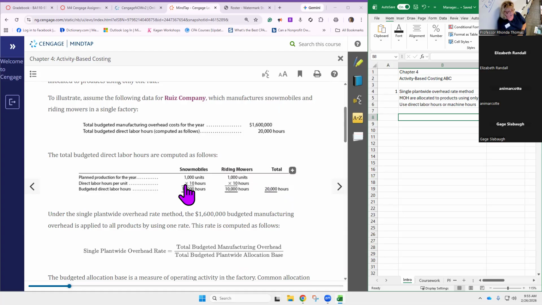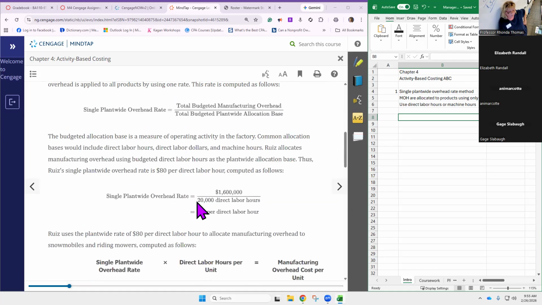And it looks to me like a snowmobile and a riding mower both take 10 hours of direct labor, right? Somebody has figured that out. I don't know whether it holds true or not. We would find out soon enough, but you're going to take this big number, put it in the numerator, and divide by the hours. So that's what they're doing here.